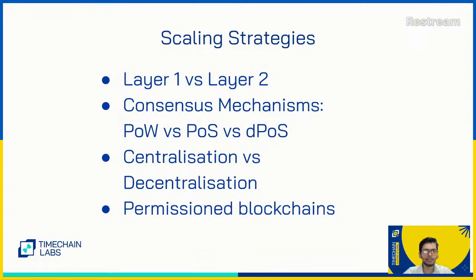You have proof of stake, which creates a different system, which was introduced with the first set of blockchains like BitShares and EOS and Steemit. All of these were the first versions of blockchains that came up with the proof of stake system of scalability solutions.